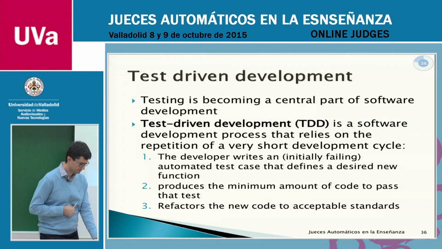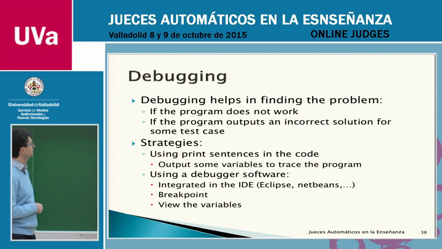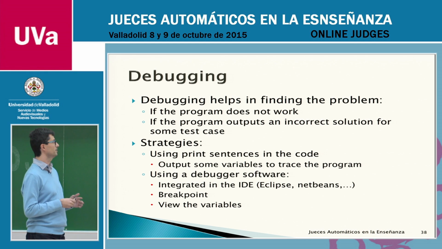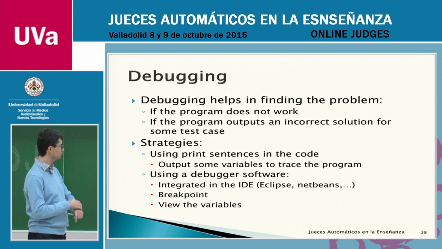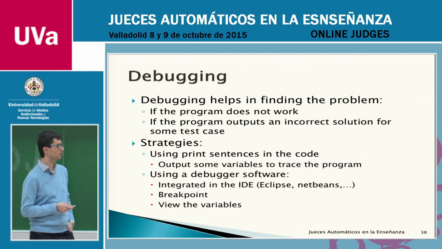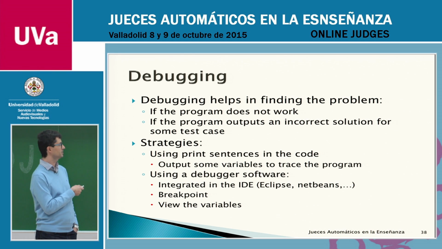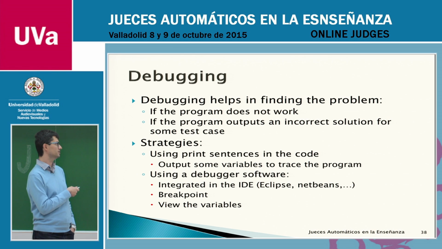So the last point, yes, the last point is debugging. If the program doesn't work or outputs an incorrect solution, you have to try something in order to solve it. The most used strategy is using print statements in the code.